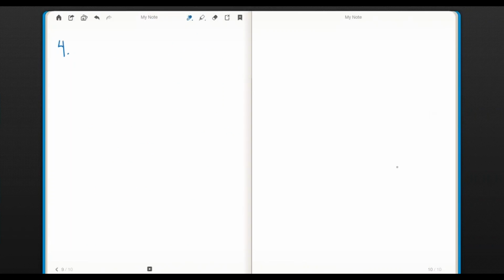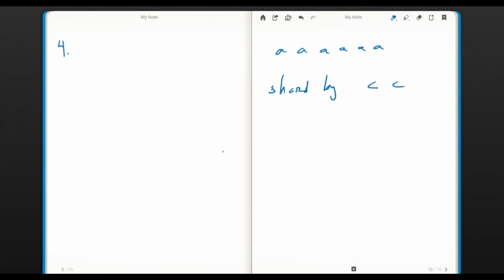Number 4. This one tells us that X apples were shared among Y children and none were left over. We're supposed to write down an expression for the number of apples each child received. Again, if that is too much for them, then let them think about 6 apples shared by 2 children, right?